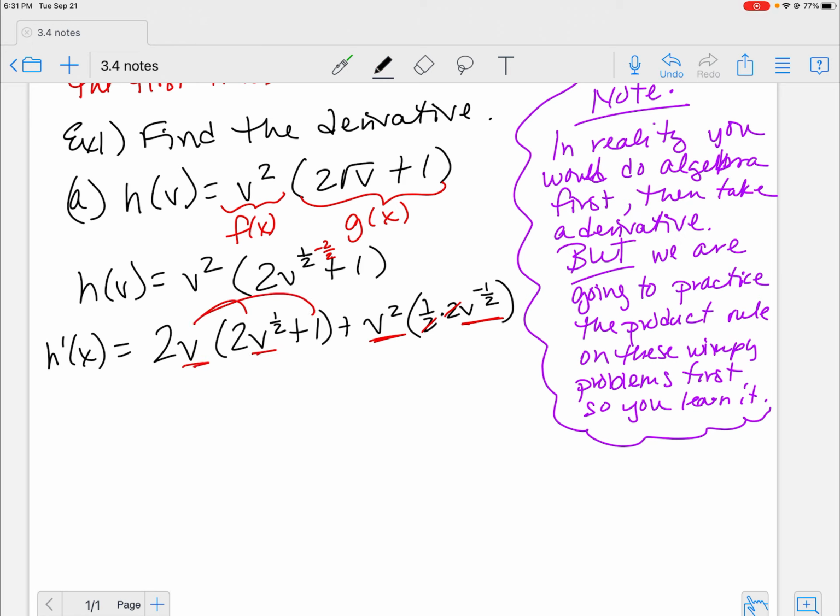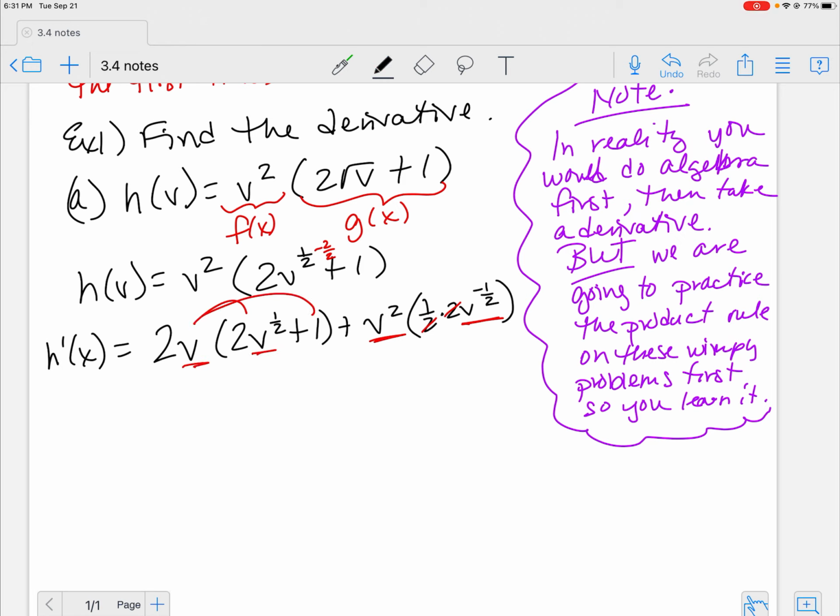Oh, I said all that stuff about v, and you guys are probably hollering at me, but you put an x. You're right, I did. That's on me. Fix it. So now I have 4. This is the same thing as v to the first, so I add those exponents. 1 plus 1/2 is 3/2, plus 2v plus, and here 2 plus a negative 1/2 is 3/2, right? So now I have like terms.